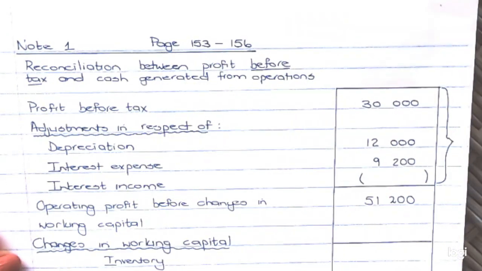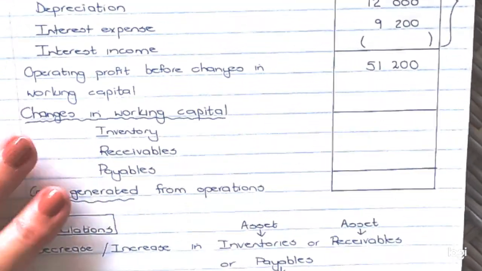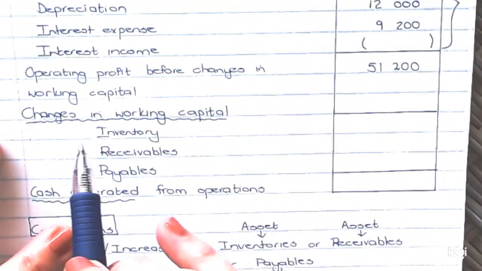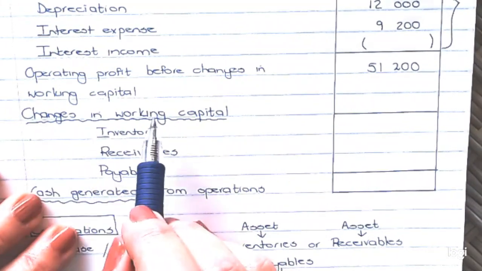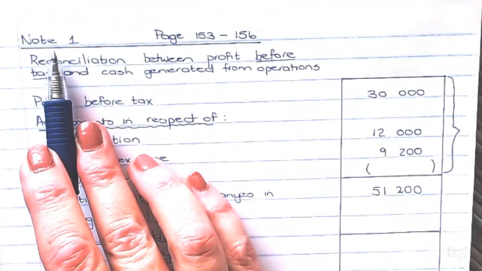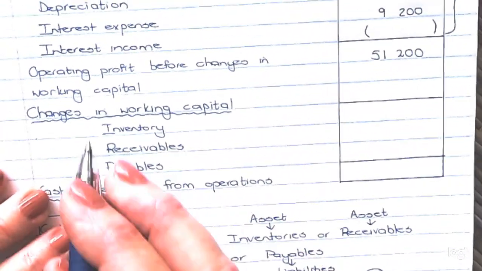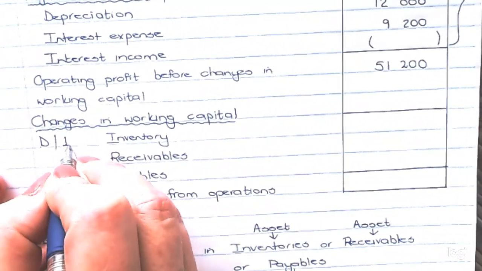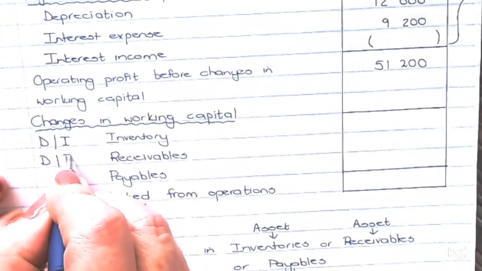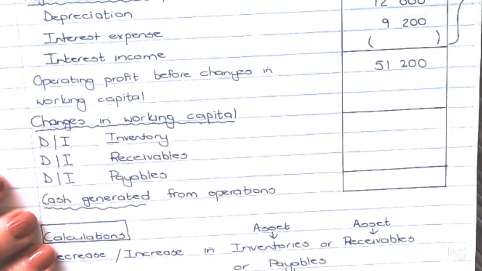Now back here, now we get to the working capital. Again, you need to know all the details on this side off by heart, because you need to know that the changes in the working capital is part of my note 1. I need to know what they are. It is the decrease or the increase in inventory, the decrease or the increase in receivables, and the decrease or the increase in payables.